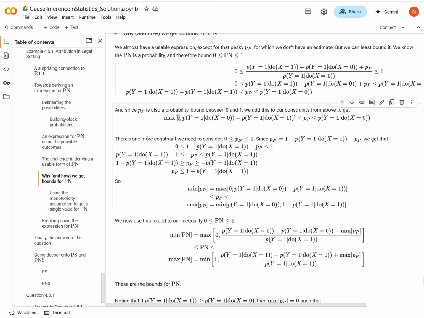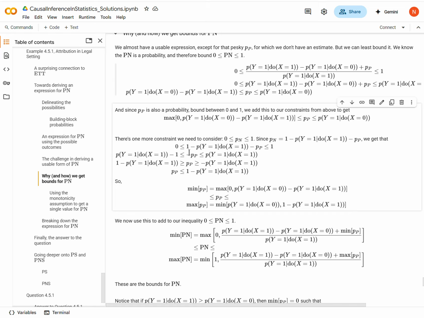Now, there's another constraint that we need to implement here, and it's not straightforward because it's the constraint on Pn. Okay, and Pn is also between 0 and 1, and because Pn equals all of this, it also implies something about P sub P, and so we need to take that into account. And this is not something that I think would be intuitive to do.